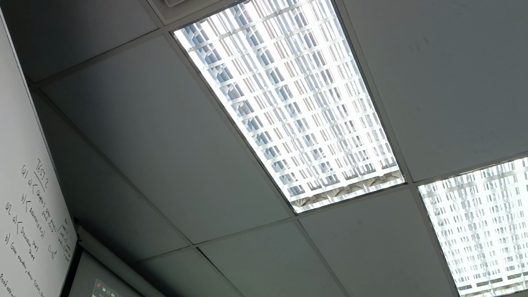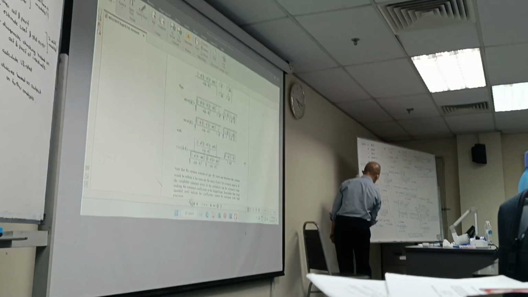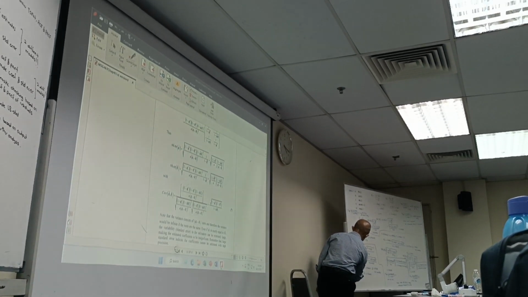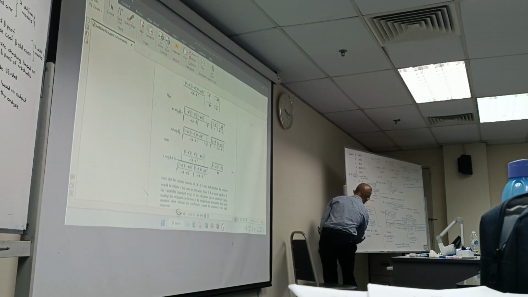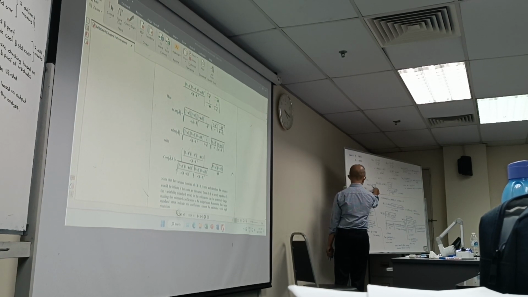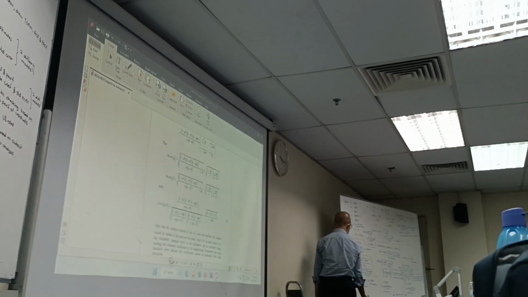Now, for the final one, the standard error of theta 1 is the same as the standard error of phi 1. So the standard error of theta 1 is 1 minus theta 1 squared over n. The formula is the same as this, except you replace phi 1 with theta 1.